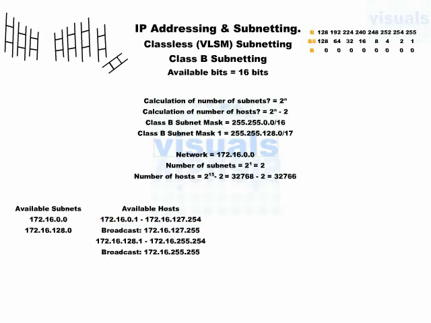And 172.16.128.0, this is the next subnetwork. For this network, the valid host range is from 172.16.128.1 to 172.16.255.254, and the broadcast address is 172.16.255.255.